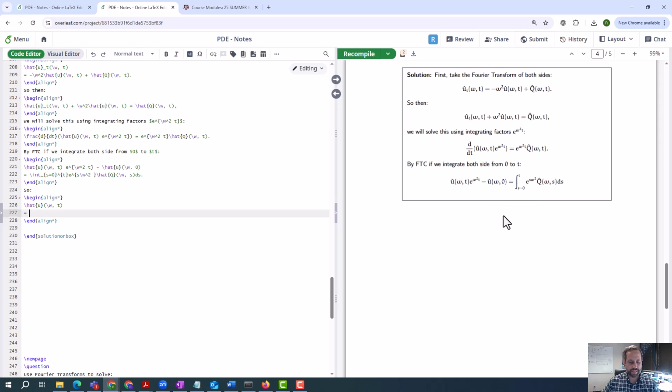U hat of omega, 0 is f hat. So this is f hat of omega. Then I need to divide by e to the minus omega squared t, and then it's going to be plus e to the minus omega squared t times this integral.